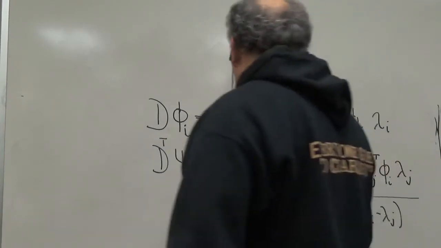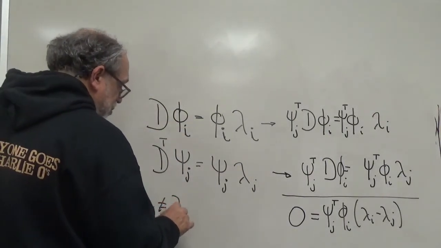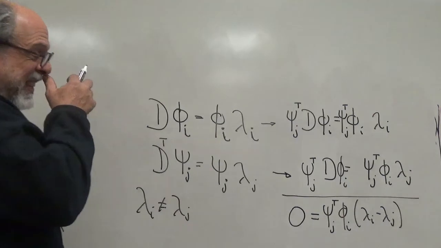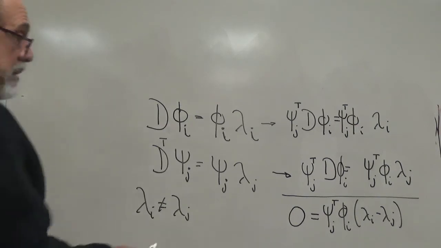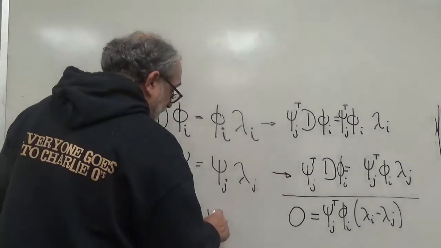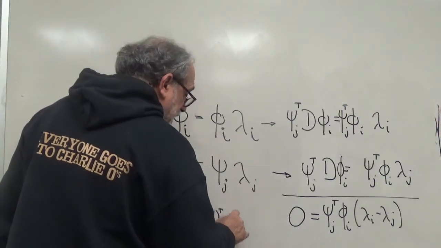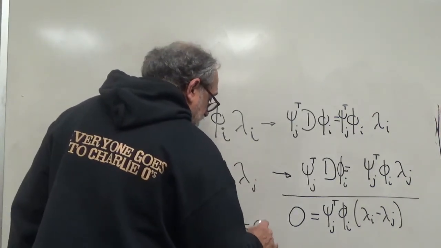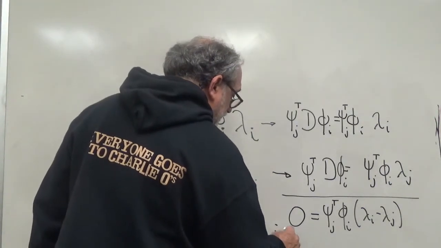Therefore, if lambda i is not equal to lambda j, then the right side and the left side eigenvectors are orthogonal. That is, phi j transpose times phi i is 0 if j is not equal to i.